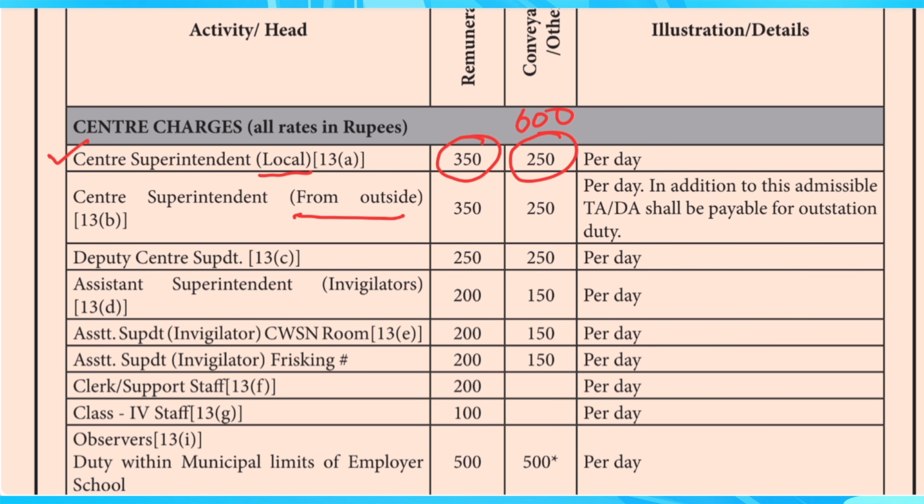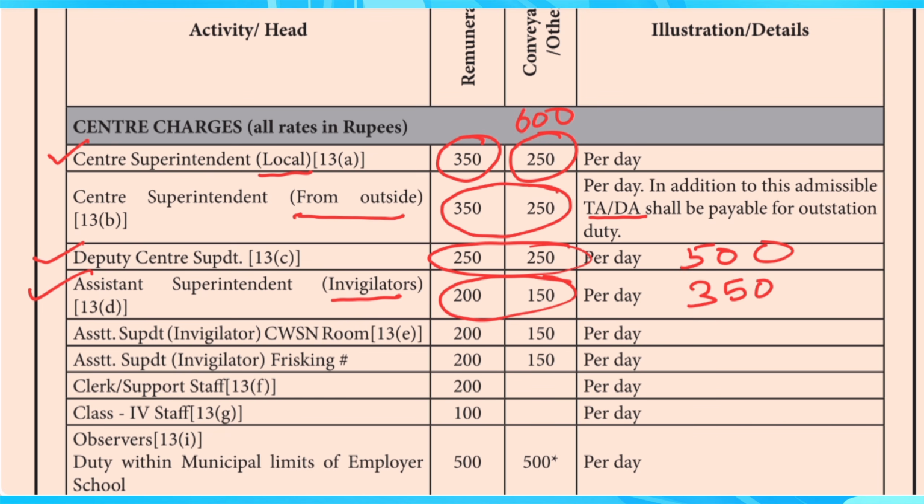This is for local. For outside, they are also going to get 600, but other than that, they are also going to get TA/DA because they are coming from a distant place. Next one is deputy center superintendent. They are going to get a total of 500 rupees per day. Then next one, assistant superintendent invigilator. Invigilators are going to get 200 plus 150, 350 rupees per day.